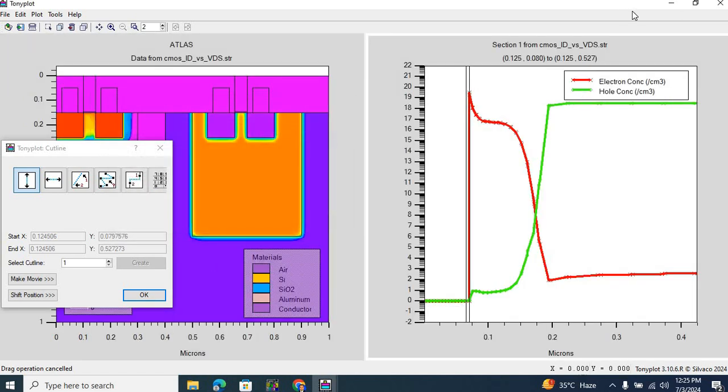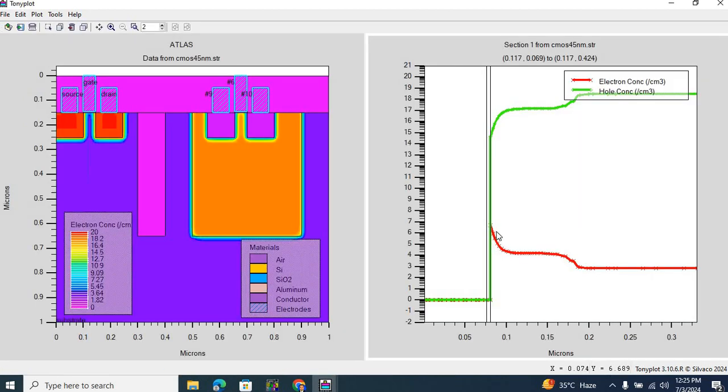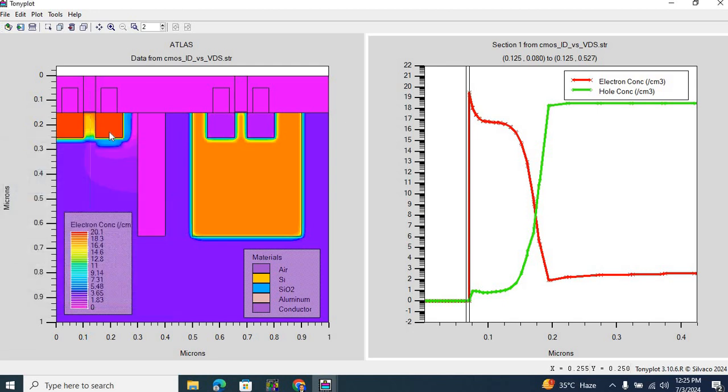So now you see that as compared to the thermal equilibrium condition, where the electron concentration was 10 to the power of 6, when we apply high voltage across the gate, the electron concentration has increased to 10 to the power of 19 per centimeter cube at the channel. So now we have connected the drain to the source.